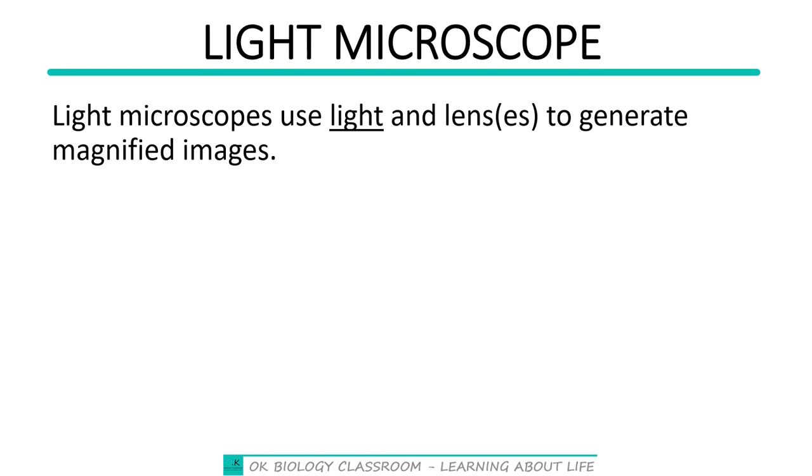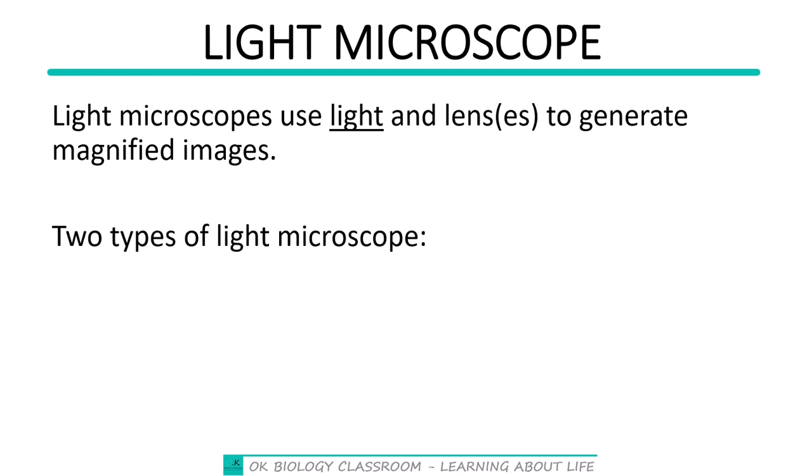One is light microscope, meaning that it uses light in magnifying the specimen or in magnifying the object that we want to see. The other uses electrons in magnifying, or in other words, we can say that the light microscope works by making use of light, and the electron microscope works by making use of electrons.